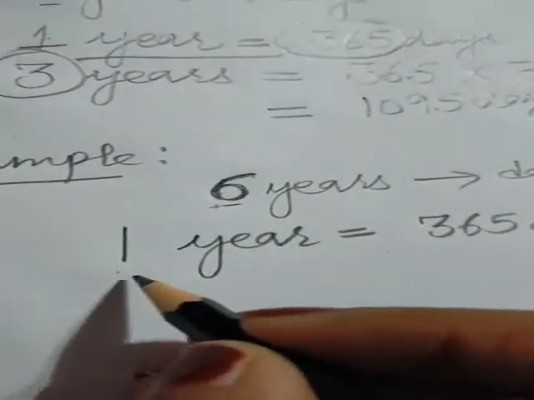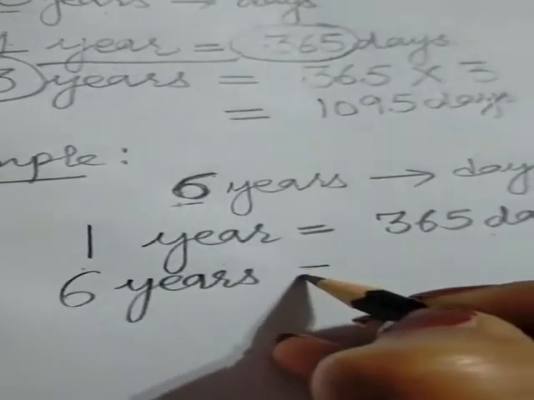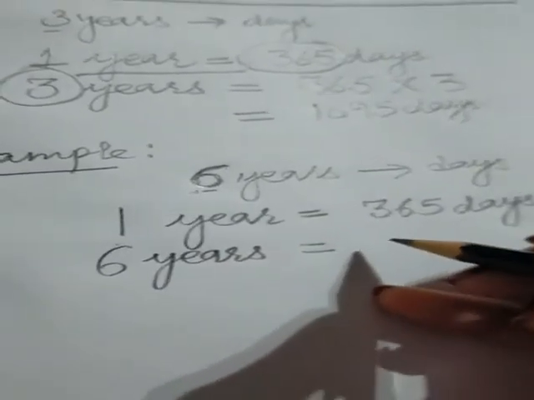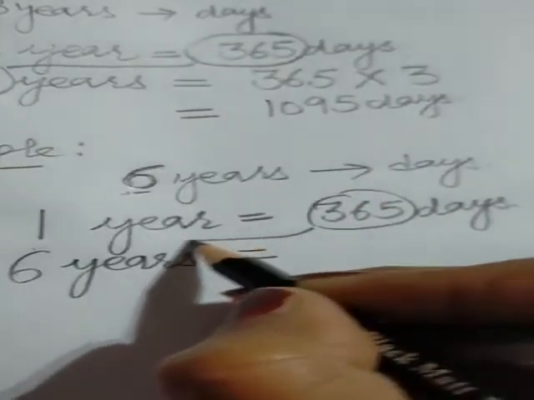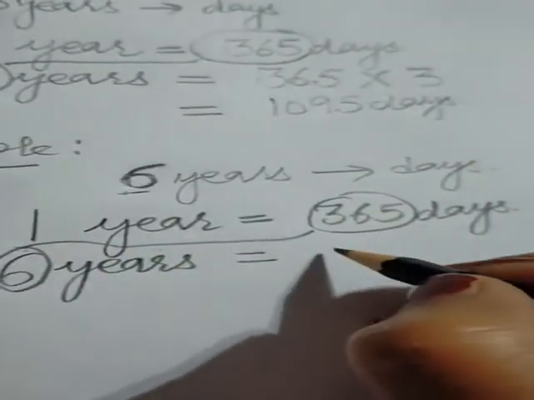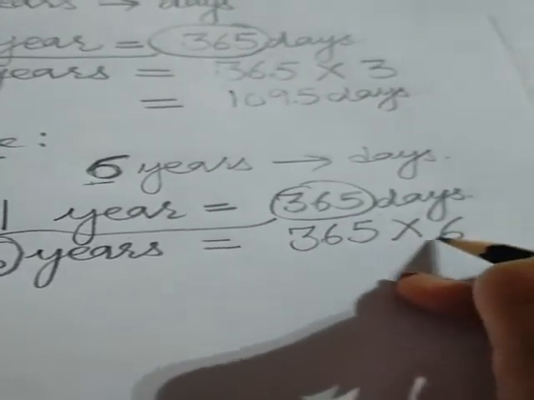Now the question is 6 years. Students, take care of the writing style also. In the same way you have to write as I am writing. Now 365 and this 6, these both will be multiplied. 365 multiplied by 6.